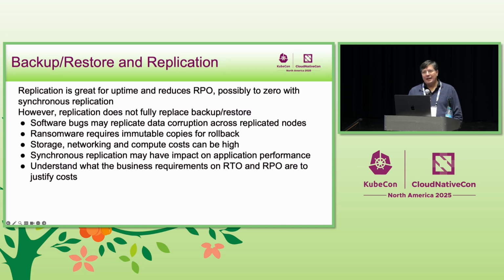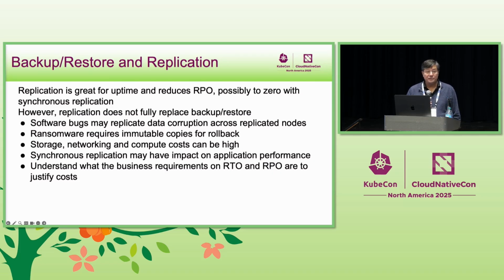So then you might say, hey, if I have replication, then I don't need backup and restore. And that's not necessarily true. Replication is great for uptime, it reduces your RPO, but say you have a bug that's corrupting data in your database. Well, a replication strategy will very happily replicate that corrupted data across to the other side. And how do you get back to an uncorrupted copy?